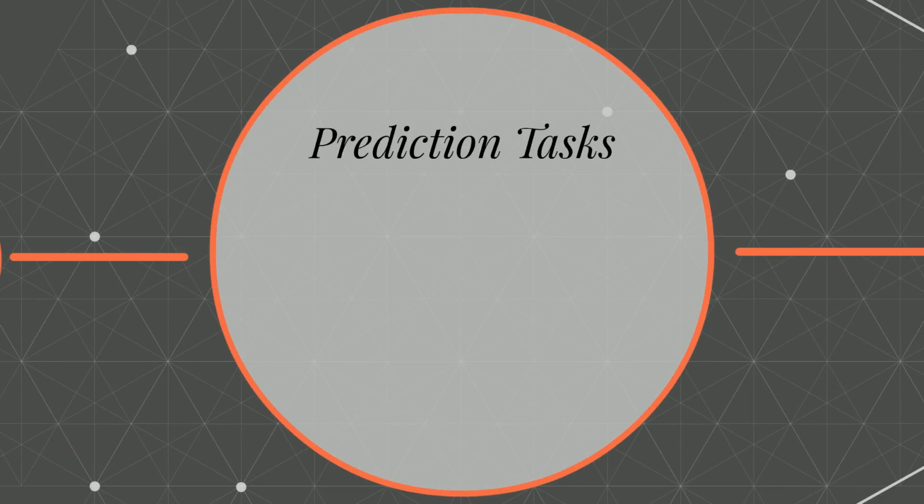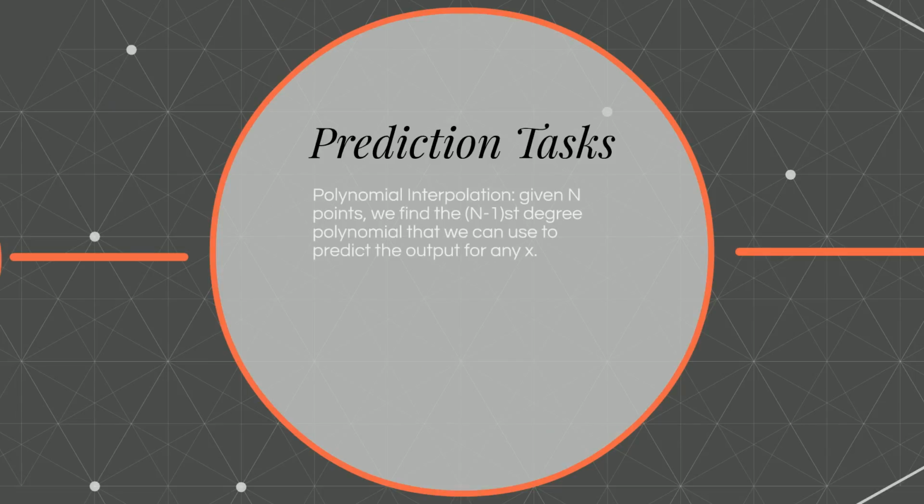So in prediction tasks, we can have interpolation, where we would like to find the function f(x) that passes through our training points. In polynomial interpolation, given n points, we find the n-1 degree polynomial that we can use to predict the output for any x.